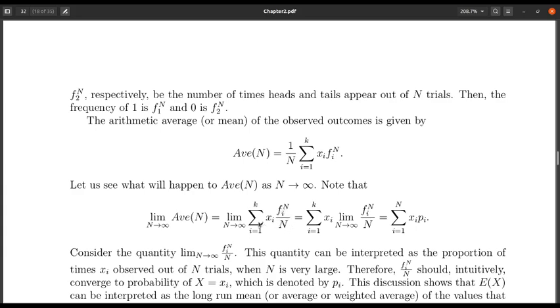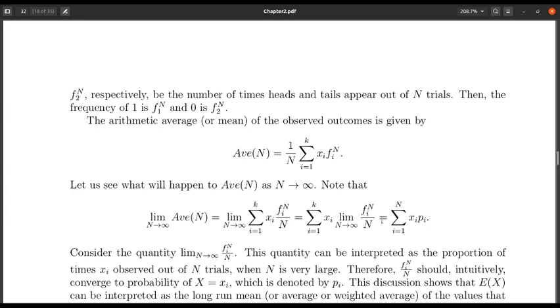Because this is a finite sum, I can take the limit inside, and xi does not depend on capital N. This limit is the long run proportion of xi, which is intuitively the probability of xi. So the limit equals pi, which is the probability of xi.